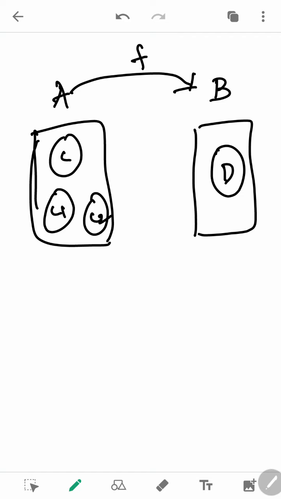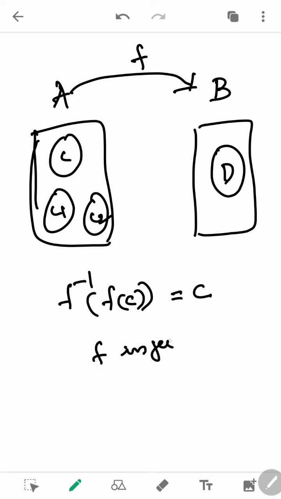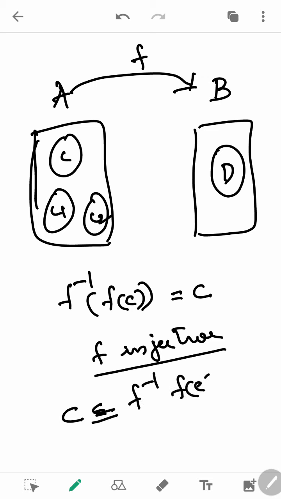And F maps from A to B. The first condition we have to prove is that F inverse F of C is equal to C if F is injective. In the last class we have seen that C is a subset of F inverse of F of C, and this F inverse of F of C is not equal to C, and we have seen some examples also to substantiate this one.